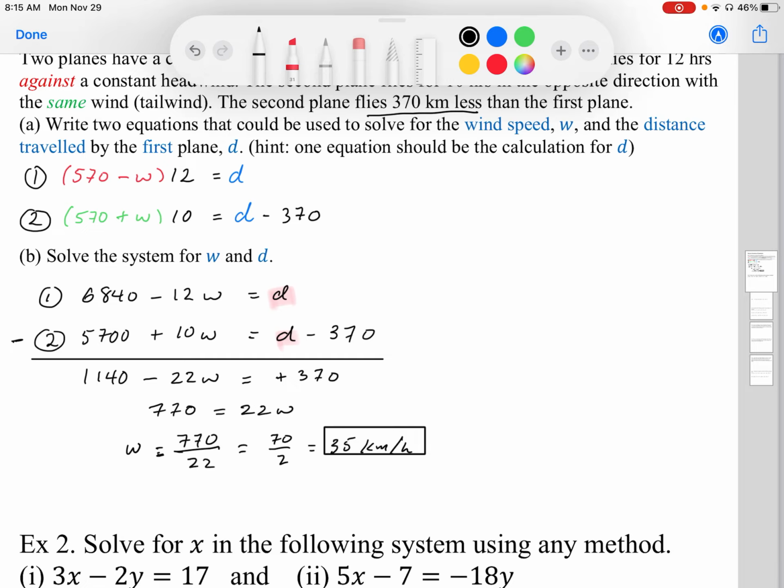We solved for our wind speed. We need to solve for D, so we're just going to plug it back into equation 1. So I get 6,840 minus 12 times our wind speed, which is 35 kilometers per hour. And that's equal to the D that we're calculating. Okay, so let's see here, 35 times 12.